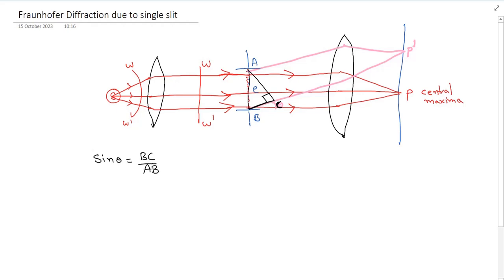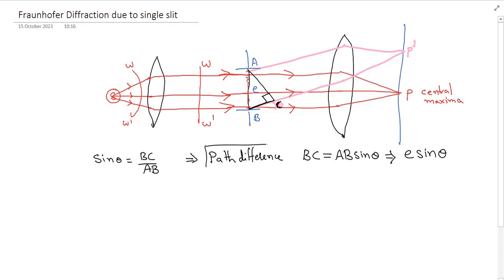But what is the width AB? That is e. So the path difference BC is equivalent to AB into sin theta, or e sin theta.